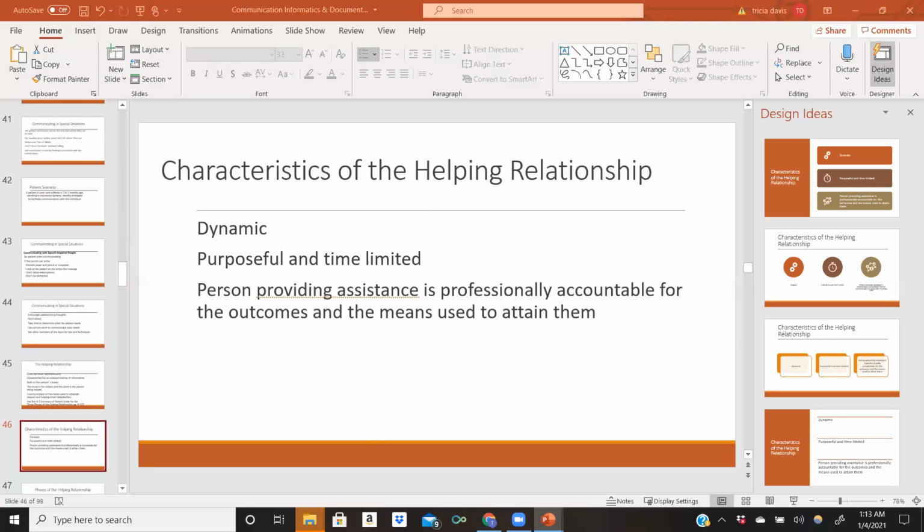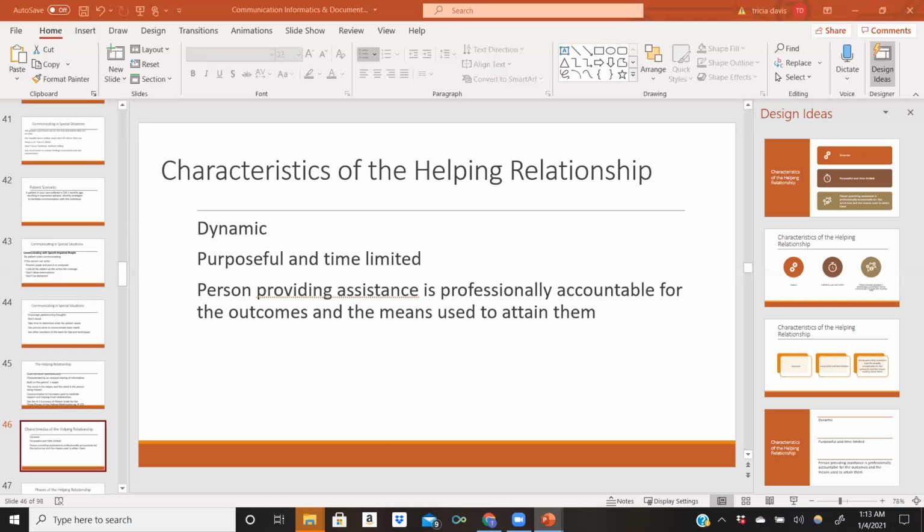So in a helping relationship during a 12-hour shift, your time to provide care is 7 a.m. to 7 p.m. So that's what we mean by a time limit. You only have from 7 a.m. to 7 p.m. on your shift to help attain the goals that you set.